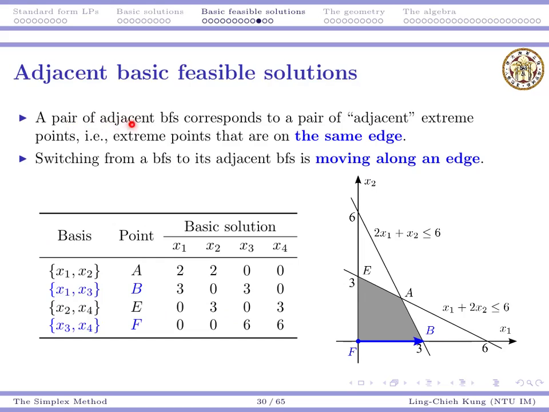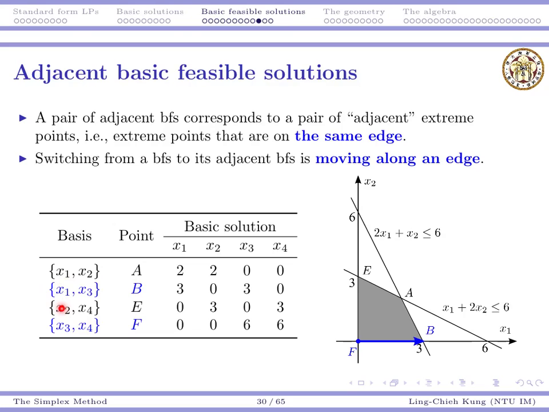So a pair of adjacent basic feasible solutions certainly corresponds to a pair of adjacent extreme points. That means extreme points that are on the same edge, intuitively. So switching from a basis to its adjacent BFS is to move along an edge on the feasible region. For example, in that earlier example, if we want to switch from x3, x4 to x1, x3, we change one basic variable.